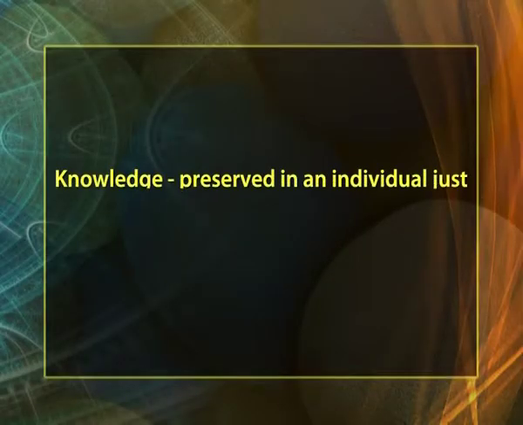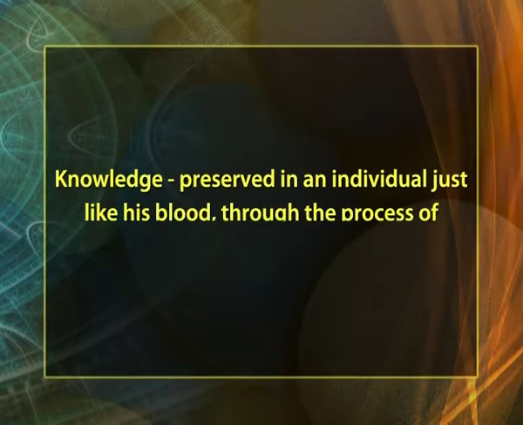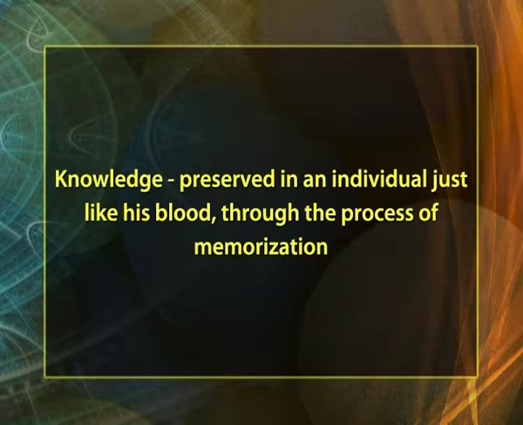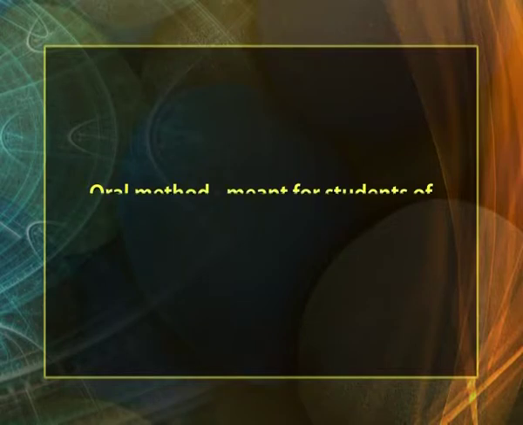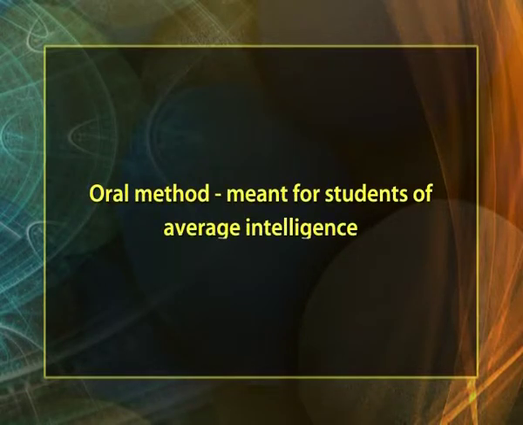It was instead preserved in an individual just like his blood through the process of memorization. This method was called oral method and was usually meant for the students of average intelligence.